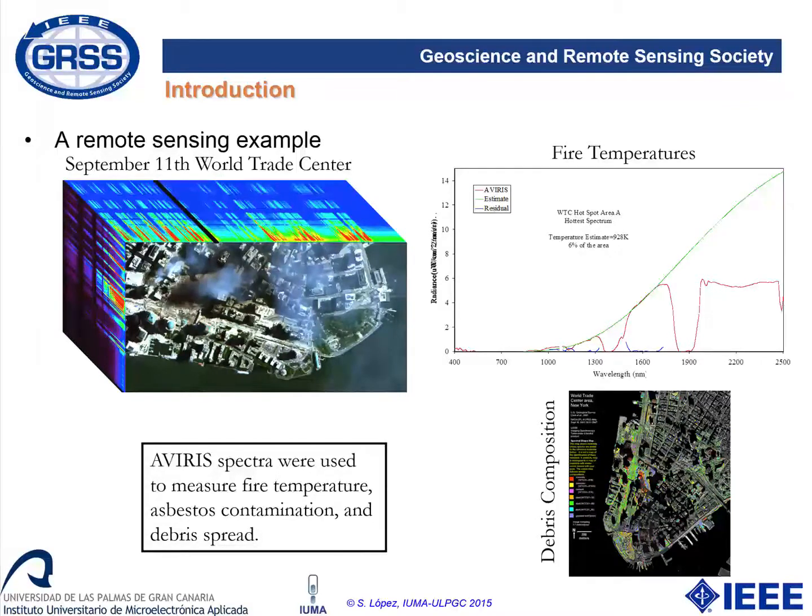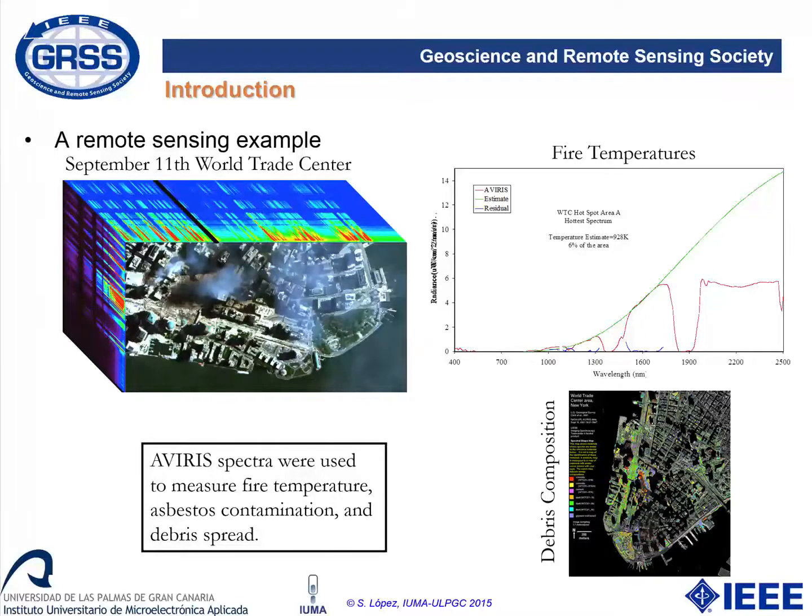In this case, all these images were processed very fast in order to measure not only the fire temperature but also asbestos contamination and debris spread. So they were able to obtain maps like this with the debris composition and also charts like this with the fire temperatures. And all of this was done with images taken with the AVIRIS sensor on an airplane.